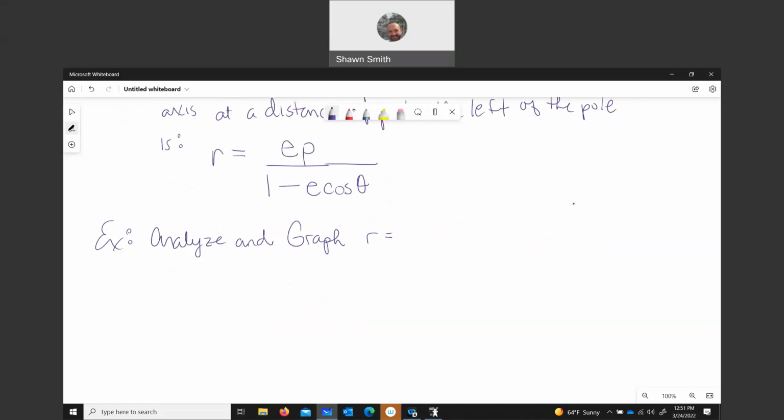R is equal to 16 divided by 4 minus the cosine of theta. All right, so it's not in the format that we need.